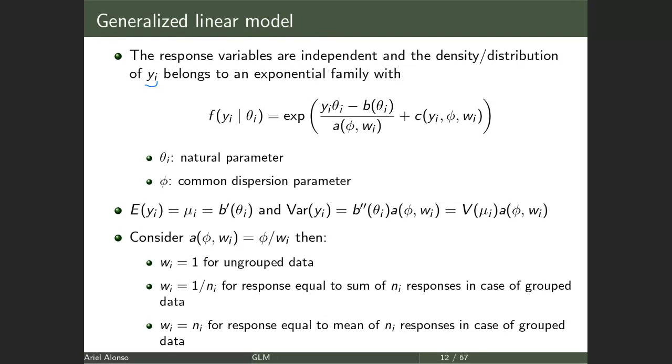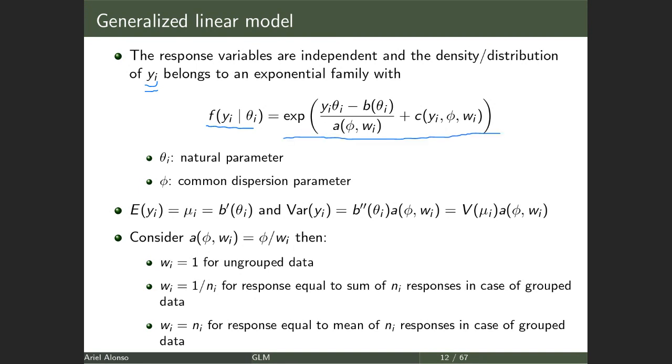Suppose that you have n subjects in your study, and the responses of all these subjects are IID, independent and identically distributed. So yi has nothing to do with yj, right? And we are going to assume that each of these yi's comes from a univariate exponential family distribution. So we are going to consider that the yi's are distributed following this distribution.